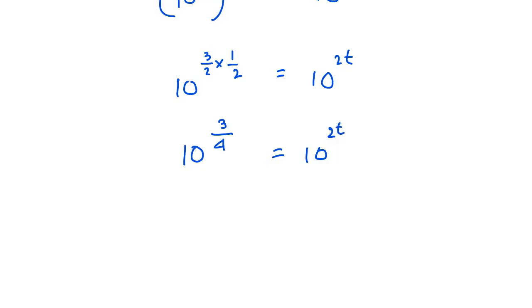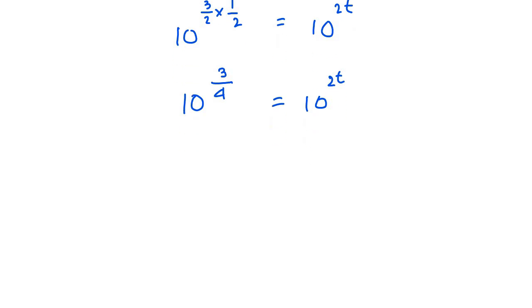Since the bases are equal, which is 10, we can write the exponents as equal. So we can write 2t equals 3 by 4, since a to the power m equals a to the power n gives m equals n.